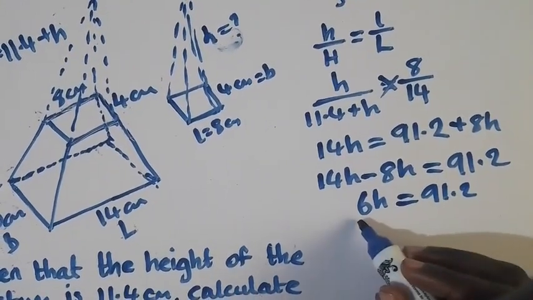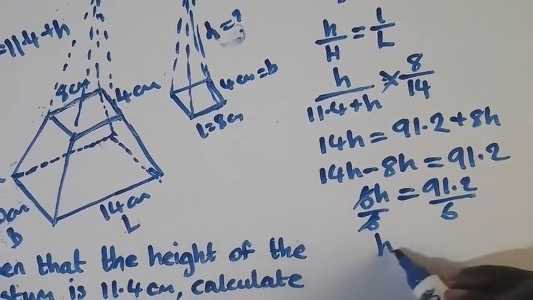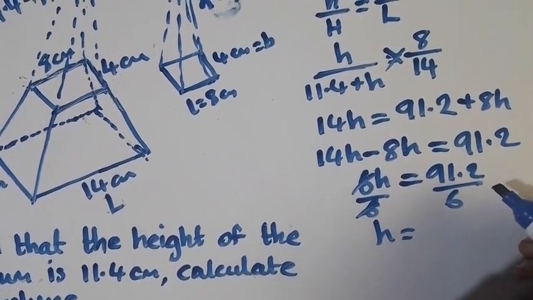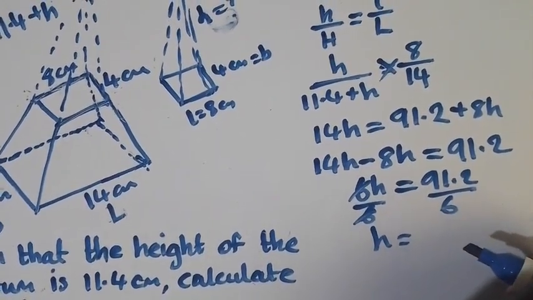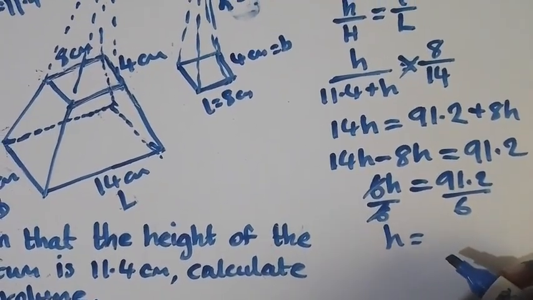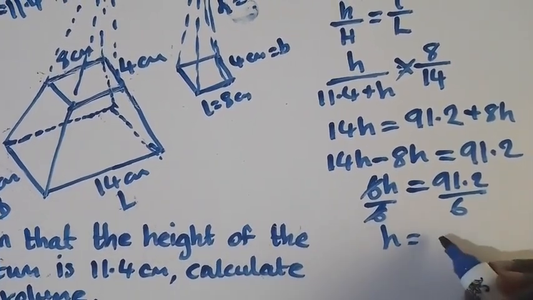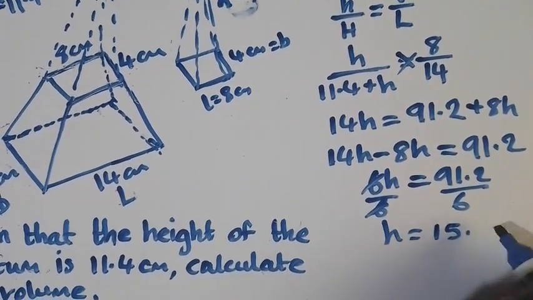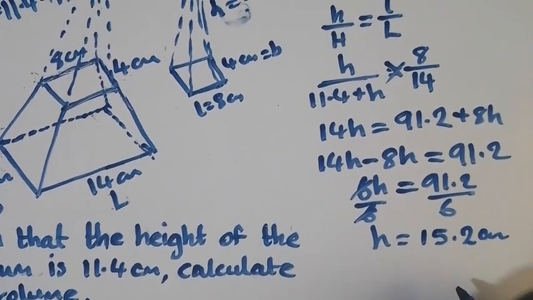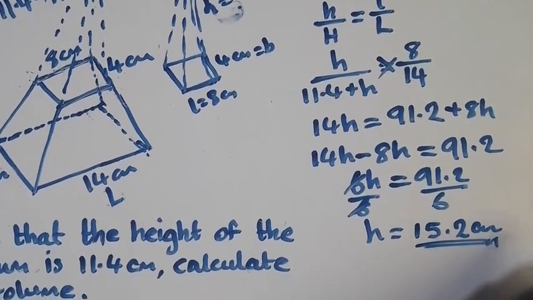So we need to divide both sides by 6. Just take advantage of a calculator here. When we divide, we are getting 15.2 centimeters. So this is our small height h.